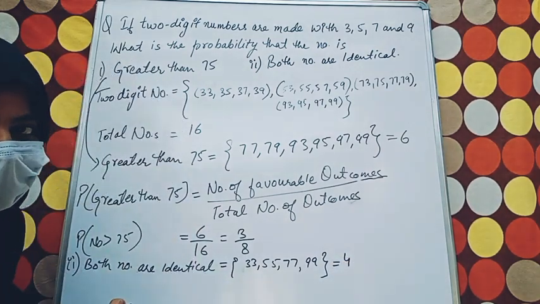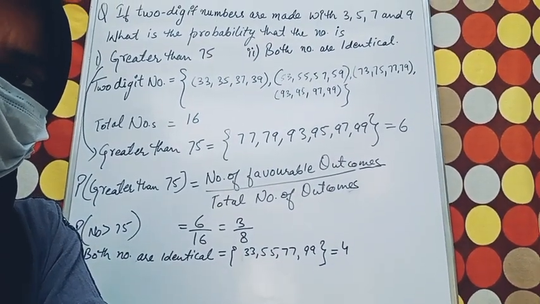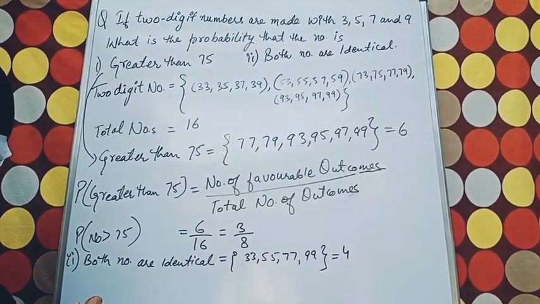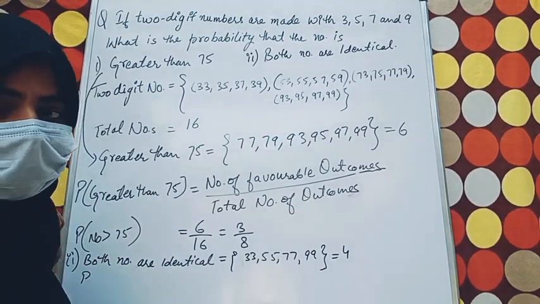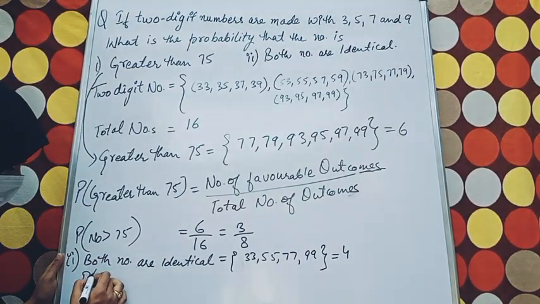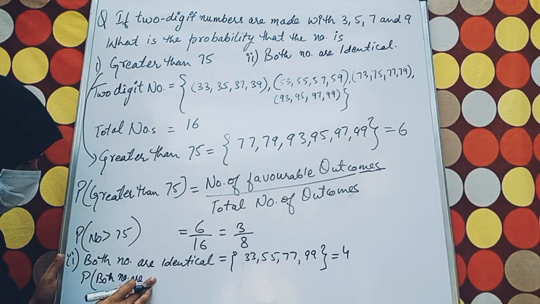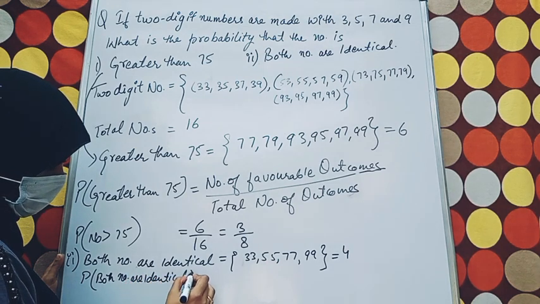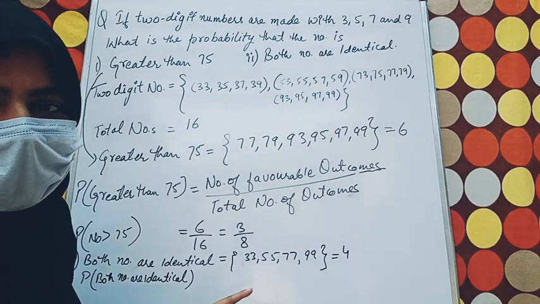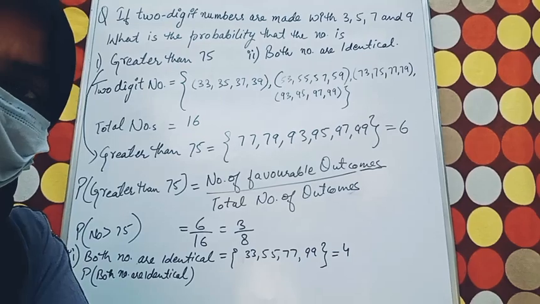Let me tilt it a little bit so that you can see. Okay, so I'll be writing directly here. Probability, both numbers are identical. I'm not writing the formula here, number of favorable outcomes upon total number of outcomes. Even if you want, I can do that.